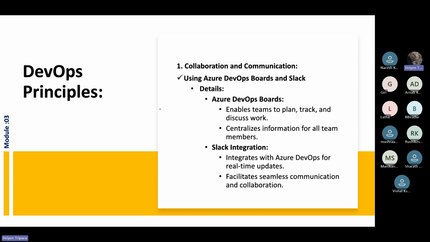Okay, now the question is, if I talk about collaboration and communication, what does it basically mean? I will cover this later. We have something called Azure DevOps Boards. There is a board in Azure DevOps where we can enable team planning, we can track, and we can discuss work.